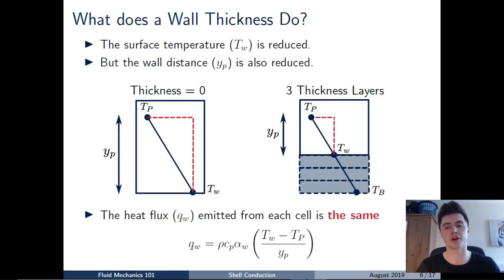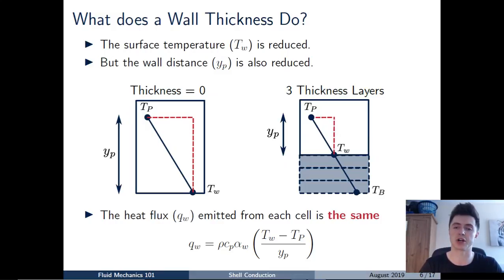What we also find with the 3 thickness layers is that the wall distance YP is also reduced. And because both of these quantities are reduced linearly, the gradient in the fluid cell remains the same. So TW minus TP over YP remains the same if we have 3 thickness layers or if we have no thickness layers.